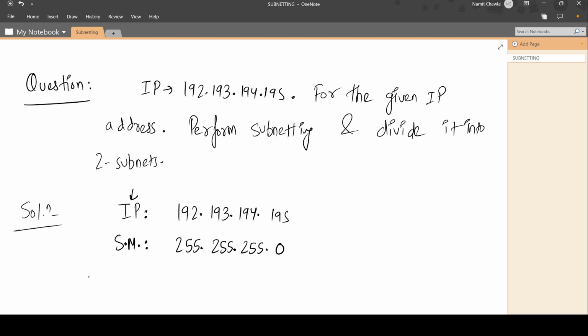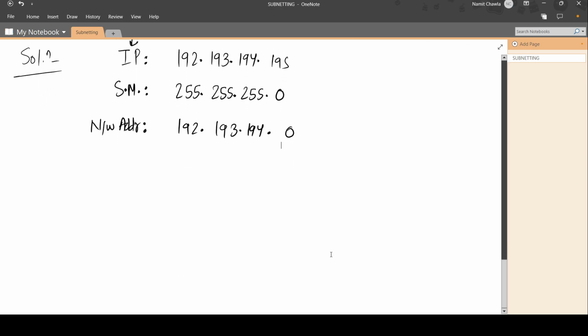Now how to find the network address? I hope we have already seen how to find the network address. Just perform the AND operation, so you will get this and this. So this is my network address. Now we are ready to perform subnetting on top of it. How to perform subnetting on top of it? It is very easy. Okay, again I'll tell you, it is very easy.